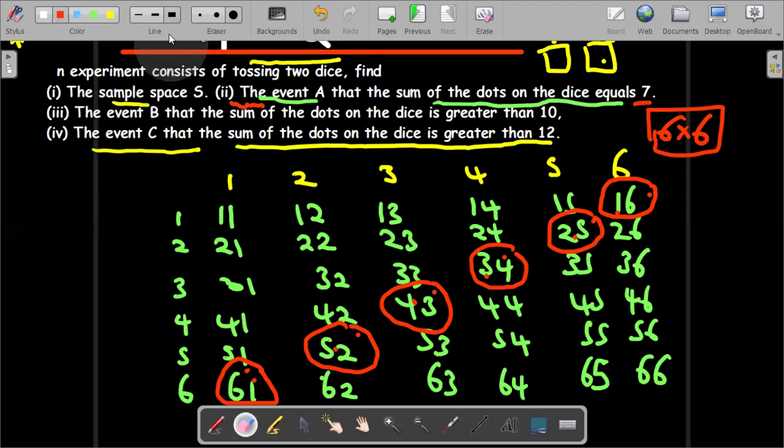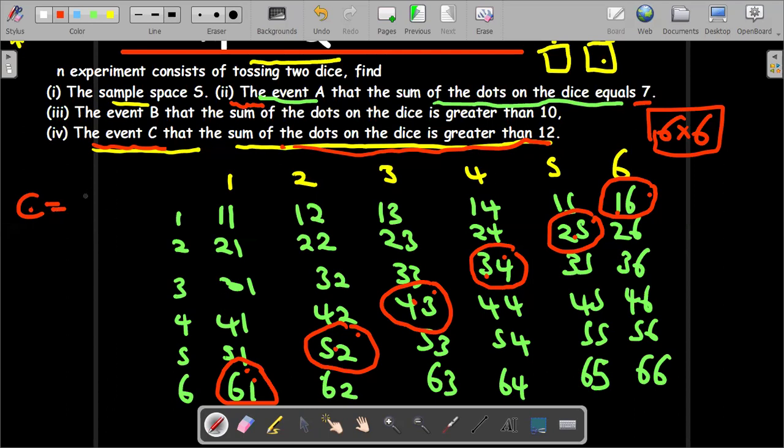The other one now, we have the event C, such that the sum of the dots on the dice is greater than 12.